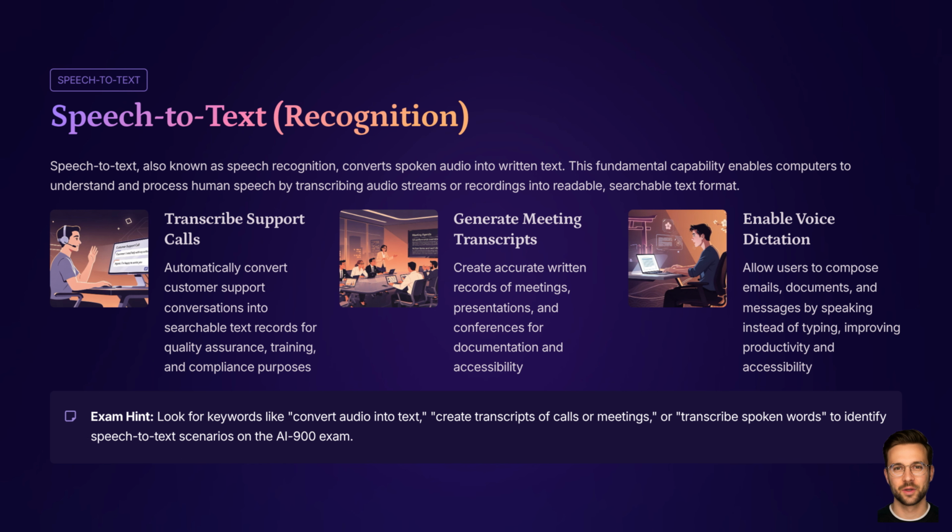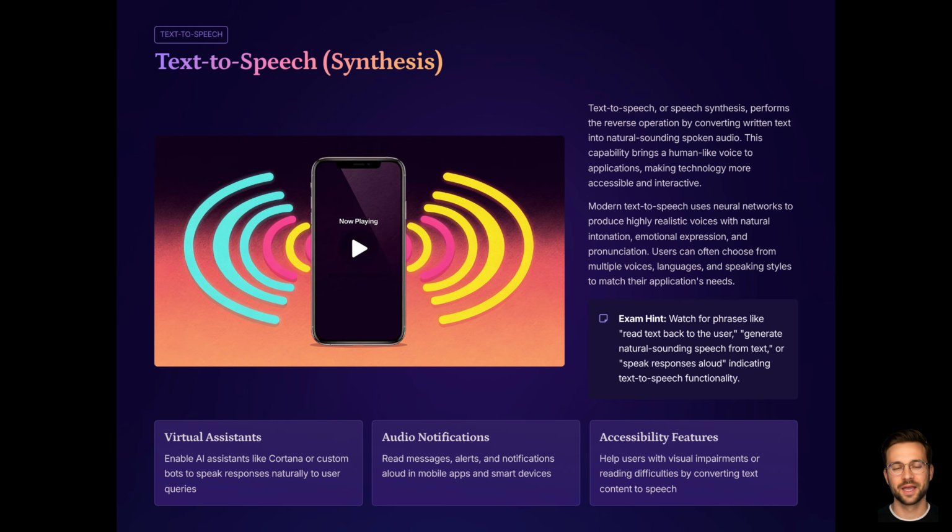Now let's reverse the direction and talk about text-to-speech. Text-to-speech takes written text and generates synthesized voice. It allows applications to speak to the user. Examples include a virtual assistant that reads responses aloud, a navigation app that speaks directions, an app that reads content to users who prefer audio over text.